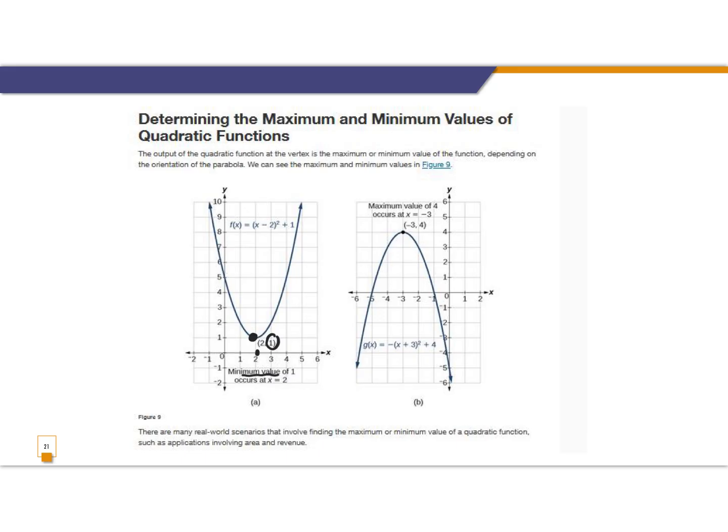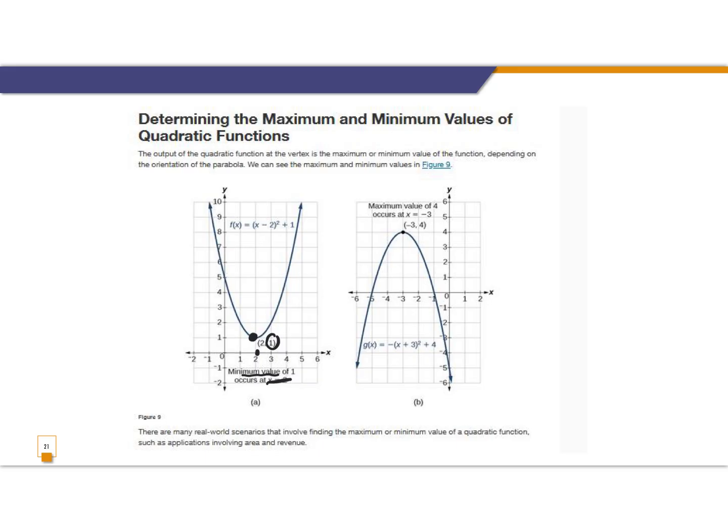Where does it happen at? X is 2. So if I go and look at the other one, that has to be a maximum value. Because if I go back to the first one, it does not have a maximum value because it keeps going up forever. The second graph does not have a minimum value because it keeps going down forever. So all it can have is a maximum value. And if the y value is 4, that is the maximum value.